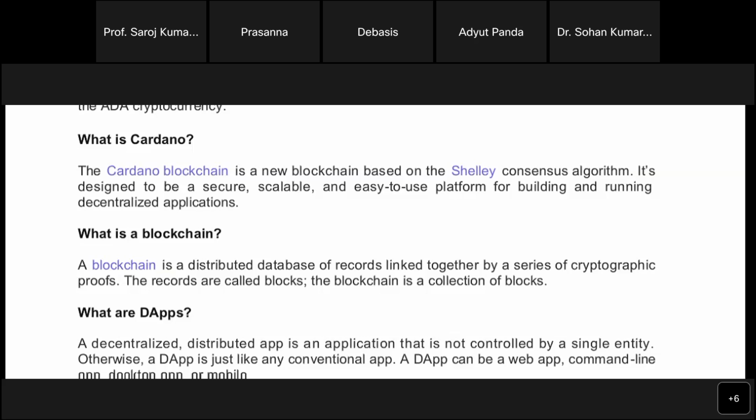How does the ledger grow? The ledger grows because it keeps the record permanently while doing the transaction. The question again arises, what is a permanent record? I just told you that the ledger is growing constantly. How is it growing constantly? Because records are stored permanently. How are the records stored permanently?